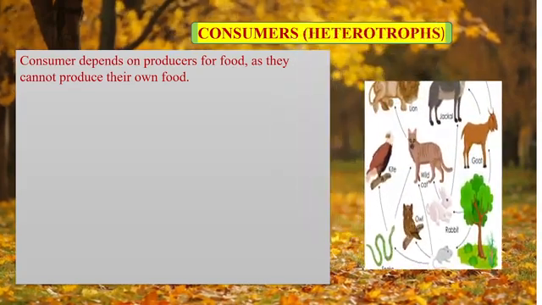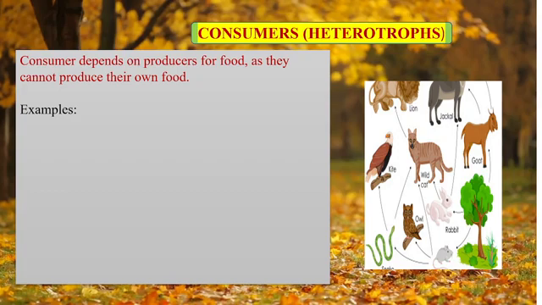And the second one, consumers, that is heterotrophs. The consumers depend on producers for food as they cannot produce their own food.